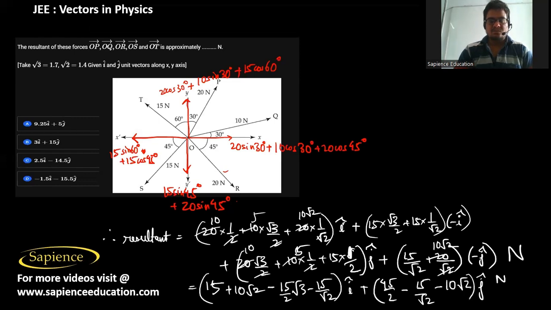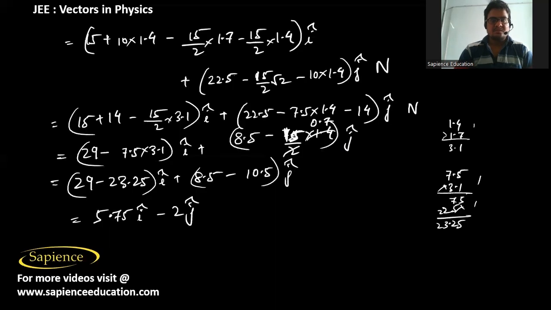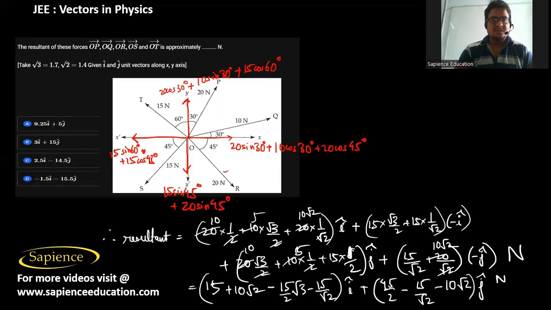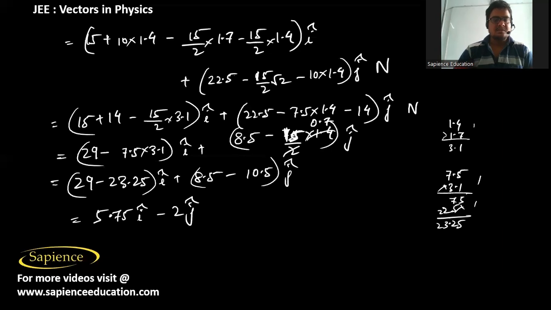Fifteen plus 10 root 2, 10 into 1.4 minus 15 by 2 into 3.1, 15 plus 14, that is 29, minus this will be 15, 3 7 21, 22.